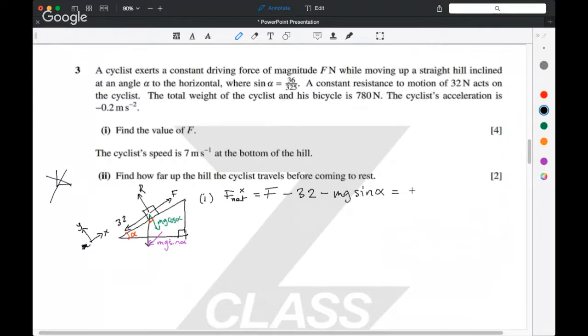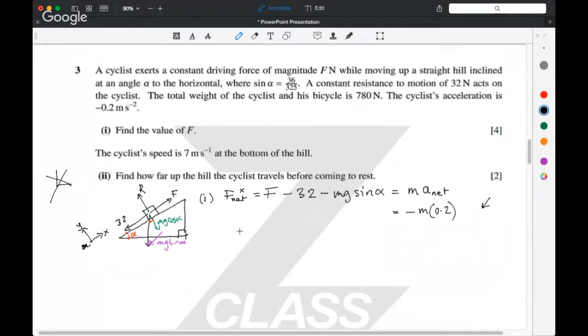Now this must be equal to m times the net acceleration. You see? We know that the net acceleration is actually negative. So the net acceleration is going to be acting like so. That's minus m times 0.2. And that's why I meant you have to be careful about directions. He's not actually accelerating up the hill. He's moving up the hill, but his speed is getting smaller and smaller.